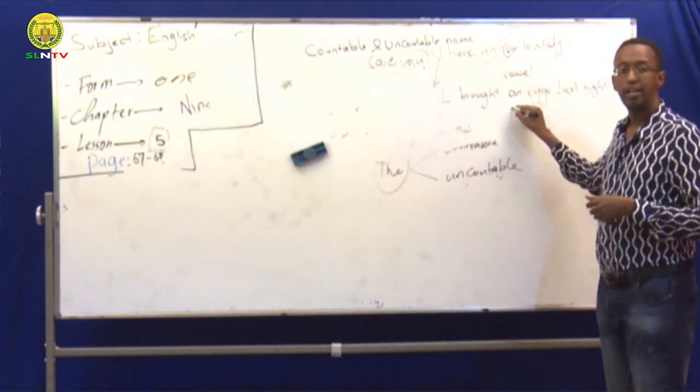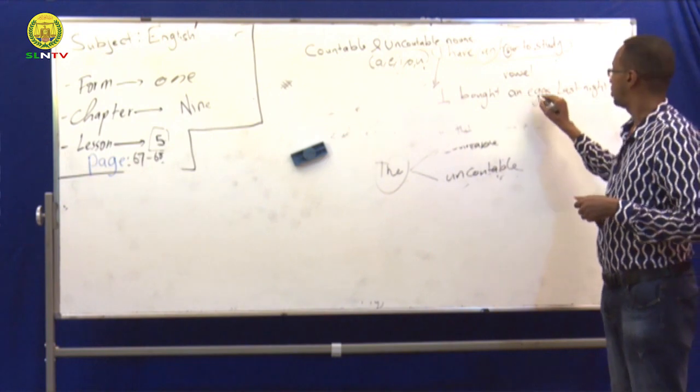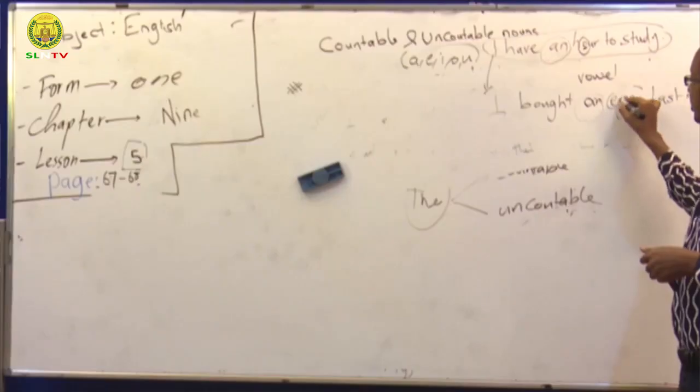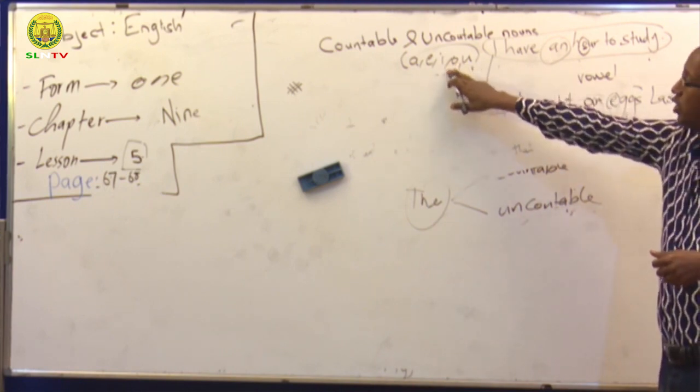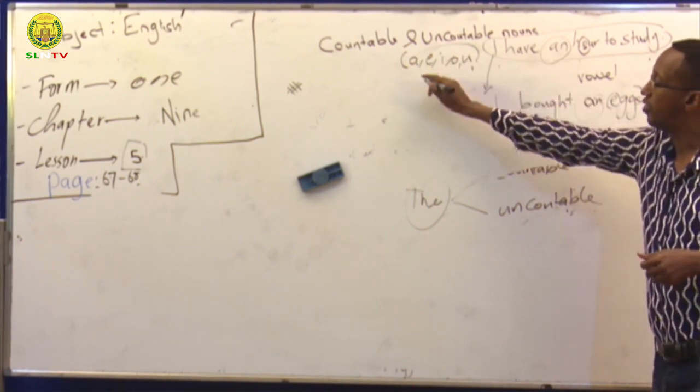You have to put an here because egg started with E, and E is one of these letters, and these letters are called vowels in English.